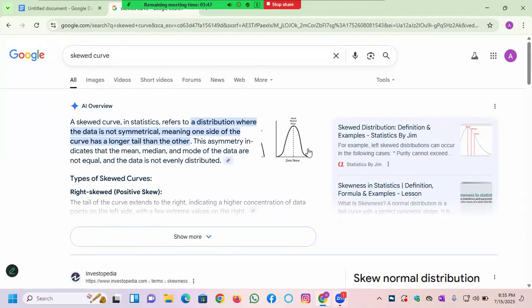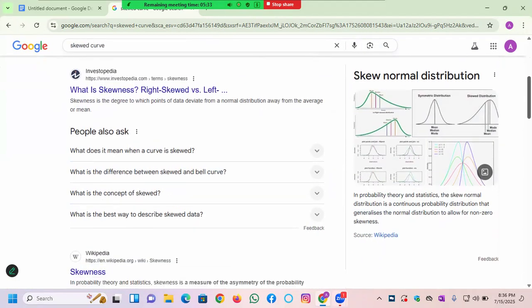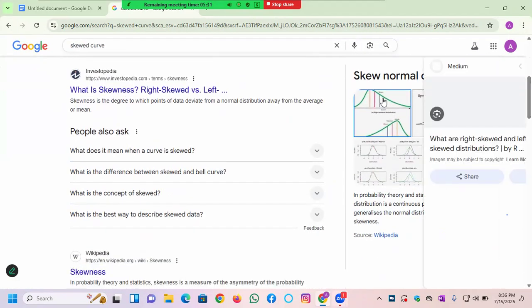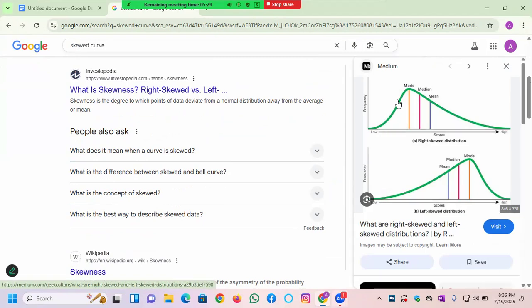Skewed refers to a distribution where the data is not symmetric, meaning one side of the curve has a longer tail than the other. You see, it's more or less like the bell curve, only that, now, this is a kind of skewed curve.